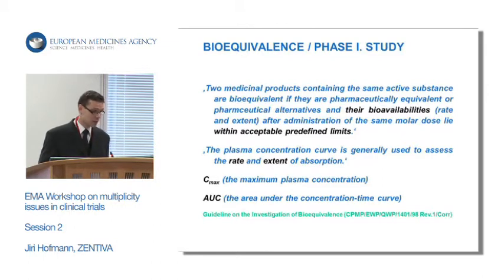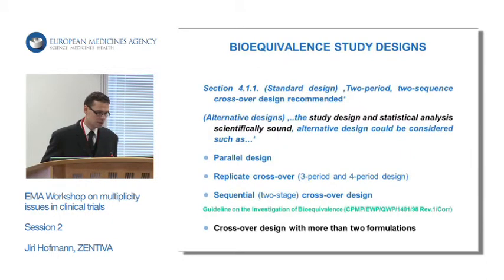The majority of bioequivalence trials are comparative pharmacokinetic trials, and therefore the rate and extent of absorption may be described by two major PK metrics. There are Cmax, the maximum plasma concentration that reflects the rate, and the area under the curve that reflects the extent of absorption. Next slide, please.